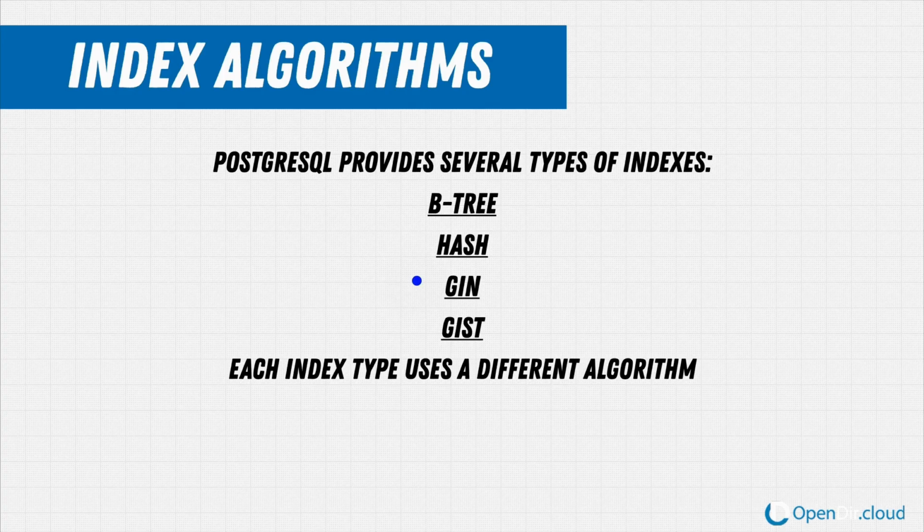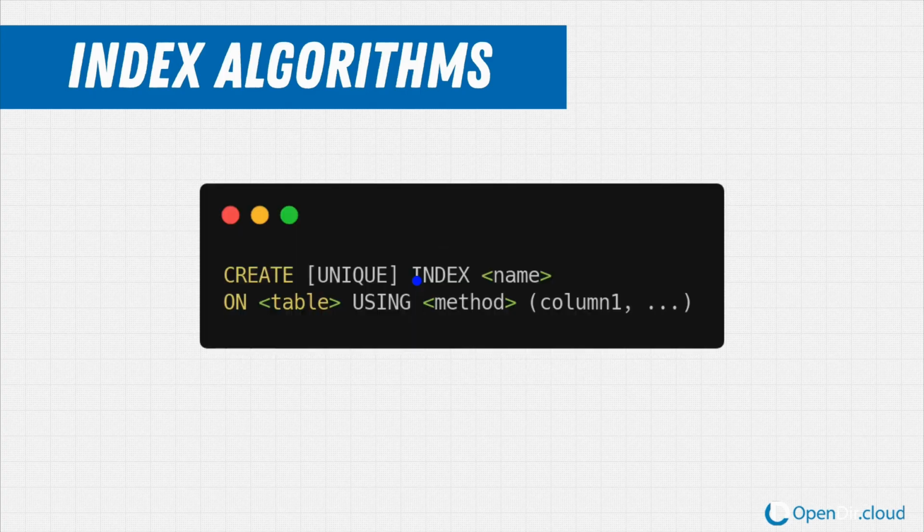And the main question you have is like, well, Mo, okay, I get it. There are different types of algorithms. But how do I even go about creating an index with one of these specifically? I thought you just showed me the create index syntax. Good point.